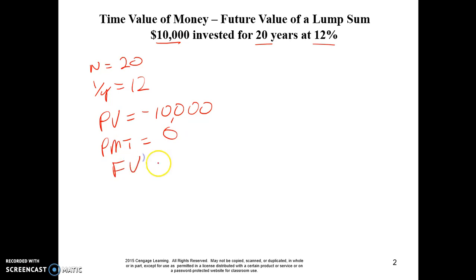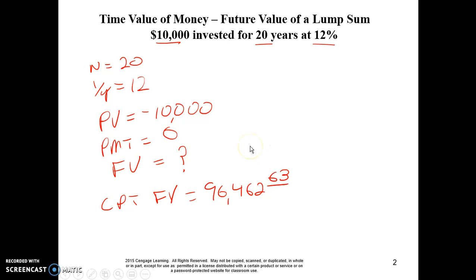And future value is what we want to find out. So compute future value, and that is $96,462.63.